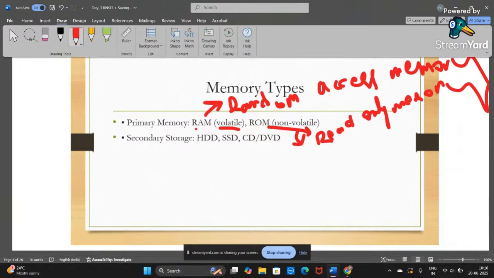So in RAM, we have static RAM and dynamic RAM, SRAM and DRAM.